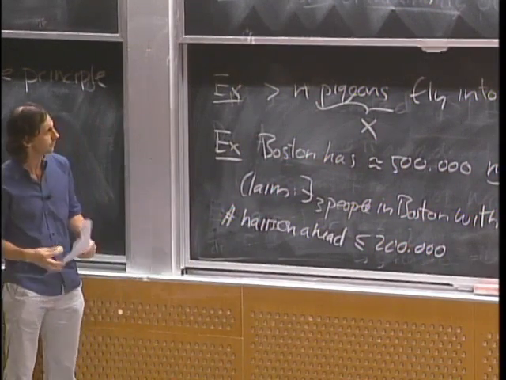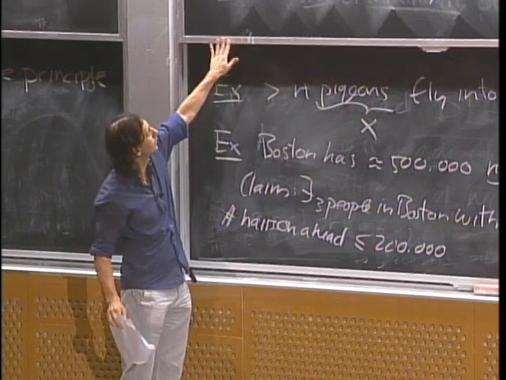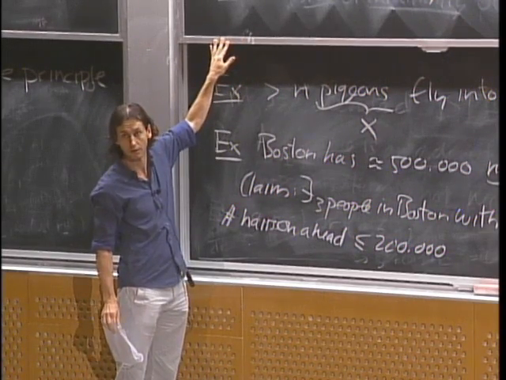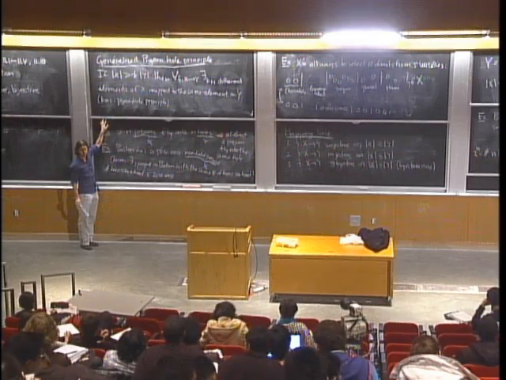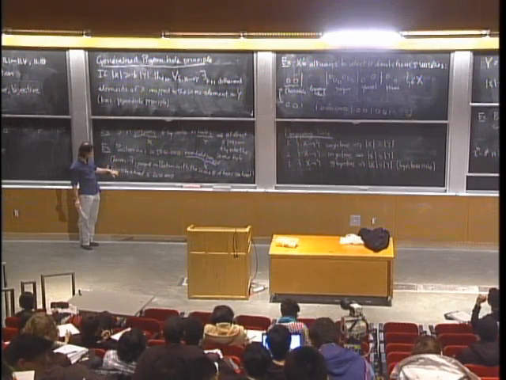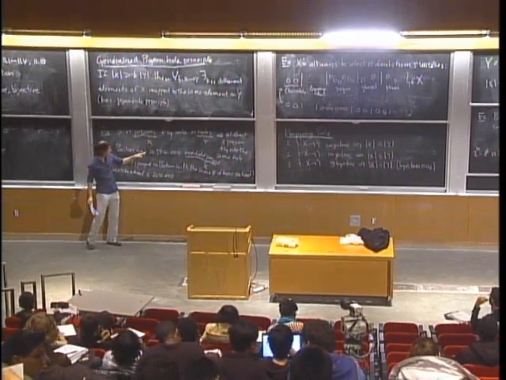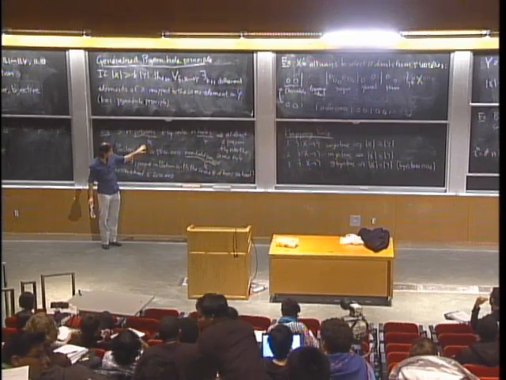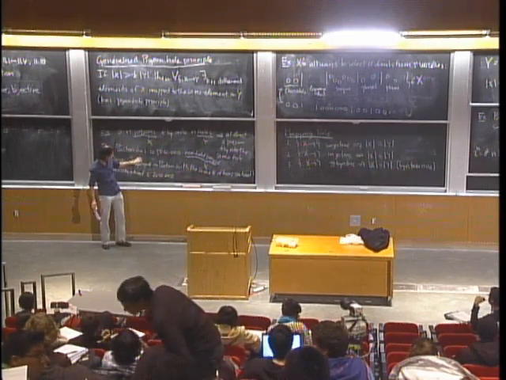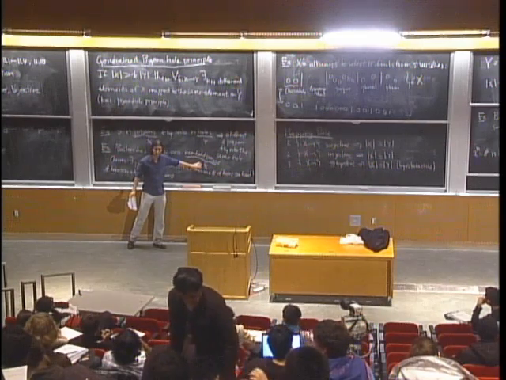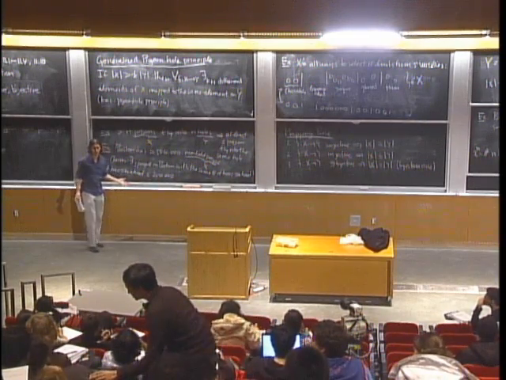So how should I define my set Y in order to apply this pigeonhole principle? I want to have a mapping from all the people, the set X, to their number of hairs.